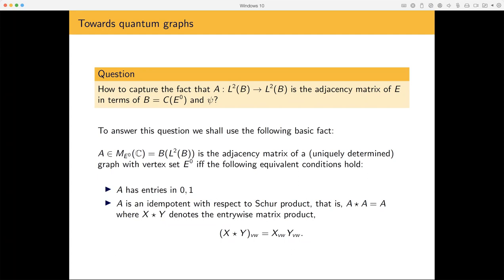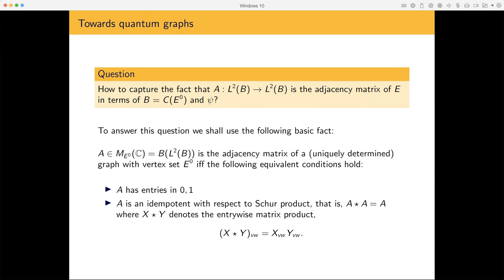Notice that a matrix A is the adjacency matrix of a graph in the sense that I explained if and only if it has entries in 0, 1. That's basically clear from the setup. And having entries in 0, 1 is the same thing as being idempotent with respect to the Schur product, which is the naive matrix product where you just multiply entry-wise, not matrix multiplication.